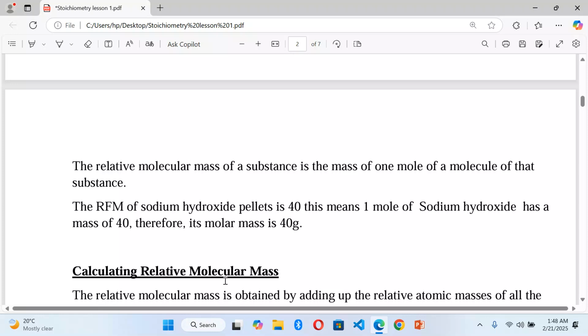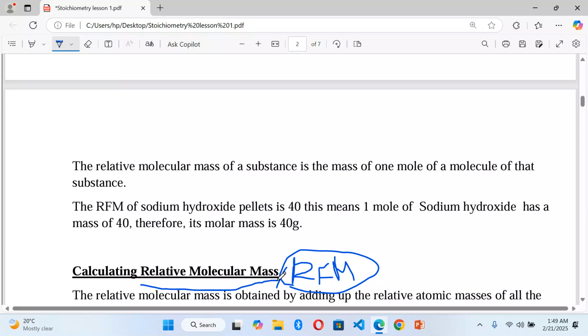Let's see how we can calculate the relative formula mass and the relative molecular mass. The relative formula mass is for ionic compounds, while the relative molecular mass is for covalent compounds.